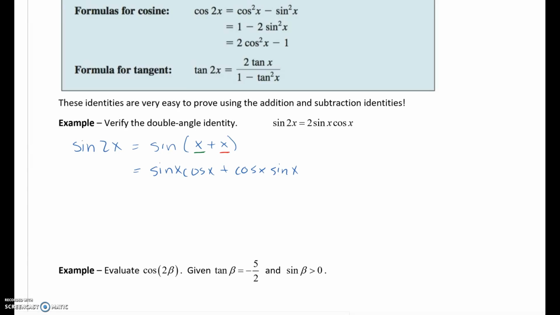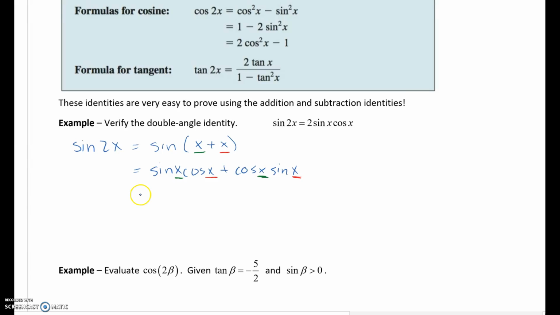So this is that green x, and this is the green x right here, and then these are the red ones. So even though they're both x's, they're on there.